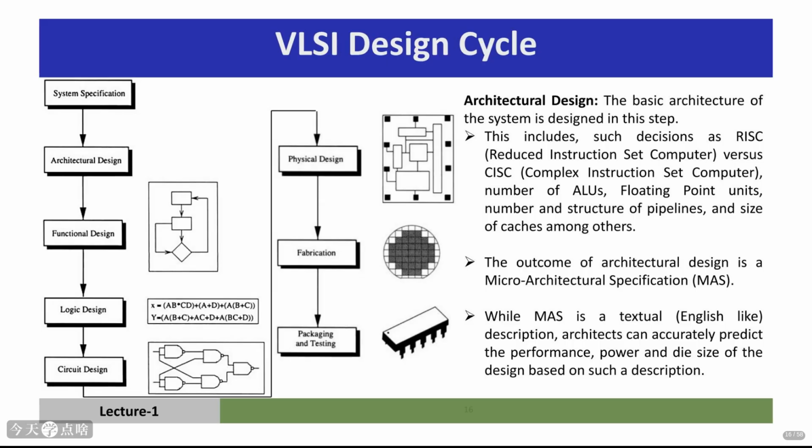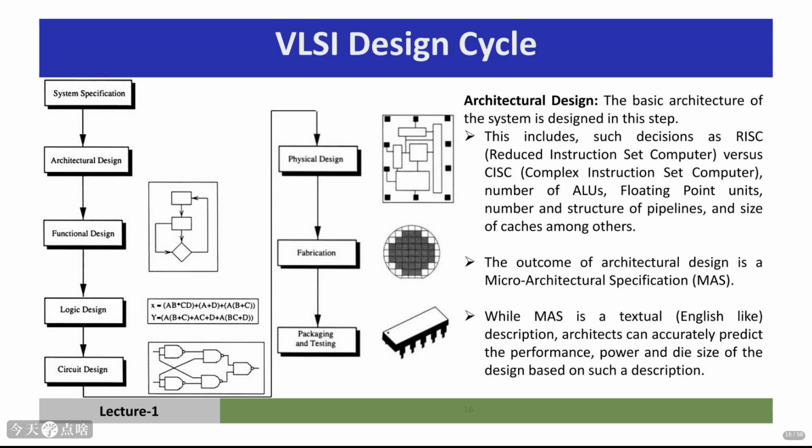It's like designing the blueprint for a building, deciding the number of rooms, floors, and elevators. The outcome is often a microarchitectural specification, MAS. This MAS is a detailed description that allows architects to predict the chip's performance, power consumption, and size before writing a single line of code or drawing a single transistor.